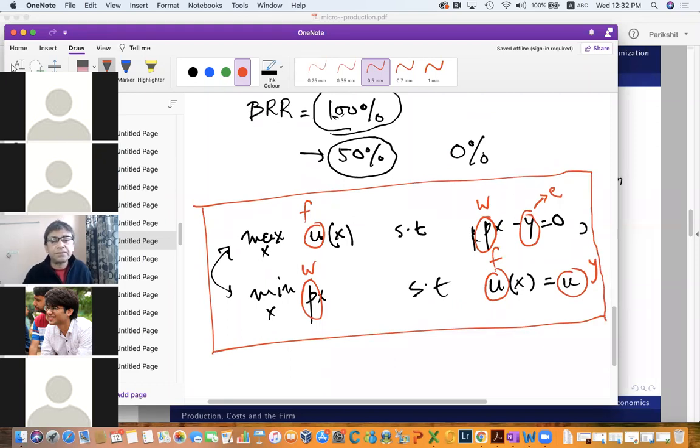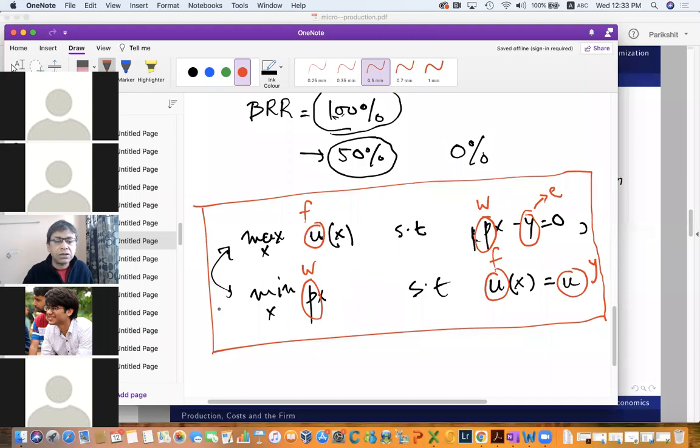Sir, but won't we maximize the profits in the firm's problem? Here we are maximizing the f(x), the output. If I just redefine things this way, you agree that this is the firm's cost minimization problem.